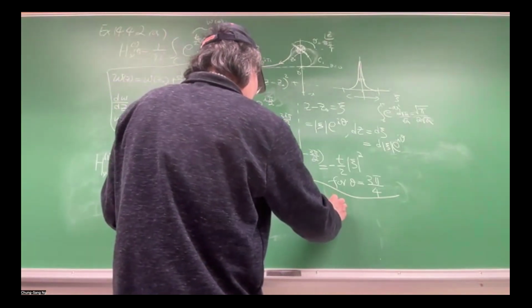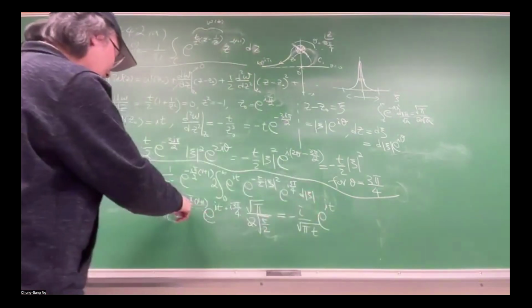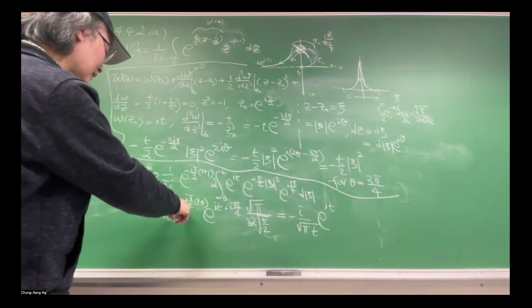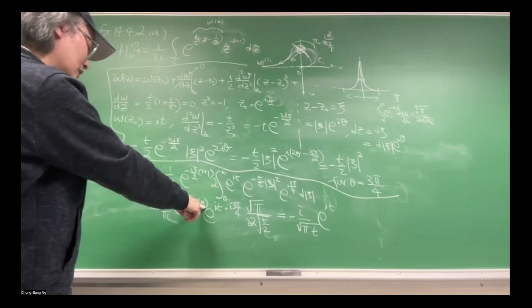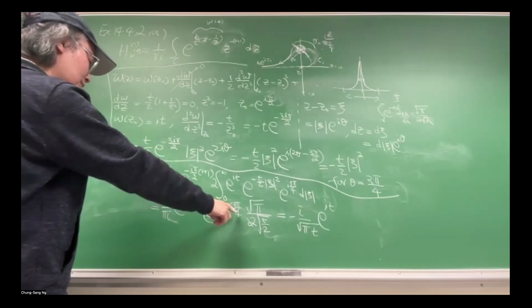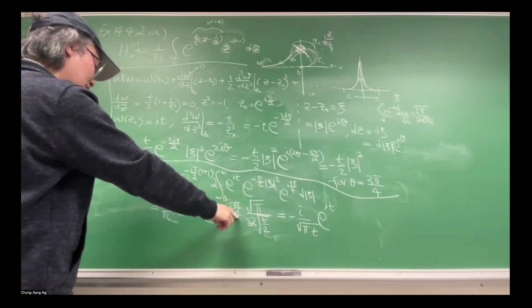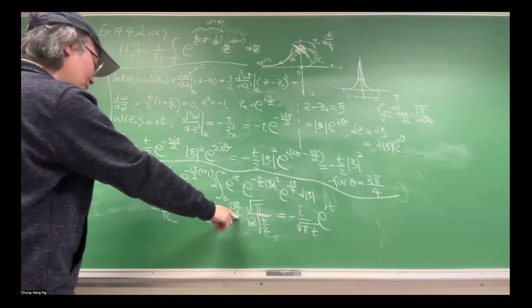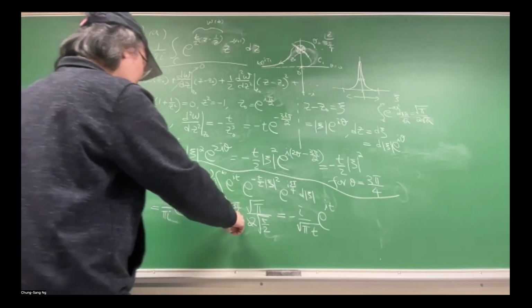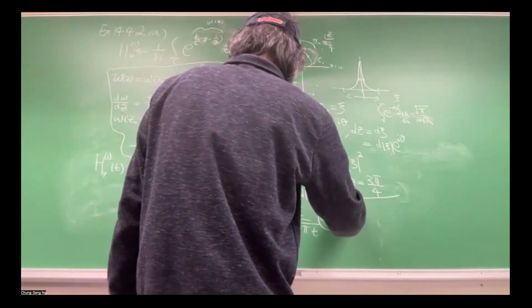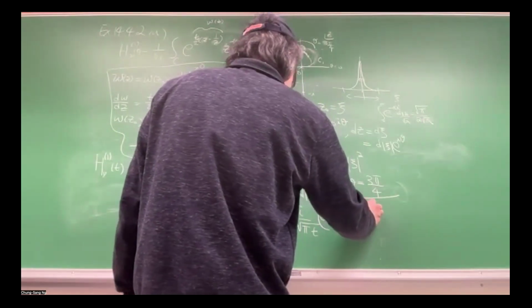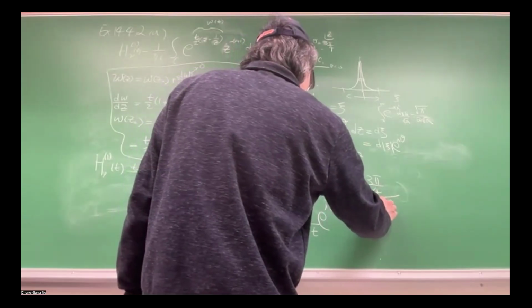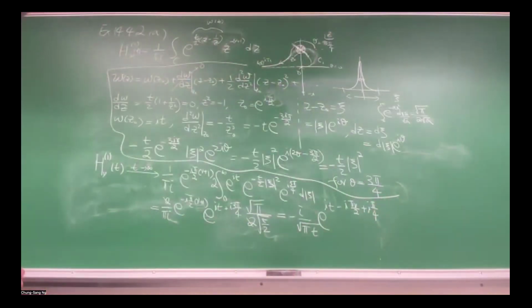You have it, and then this factor. You have minus i. That's the second term, minus i pi over 2, and then plus 3 pi over 4. So altogether it's just pi over 4, right? And then minus i pi nu over 2 plus i pi over 4. If I got it correct, I think.